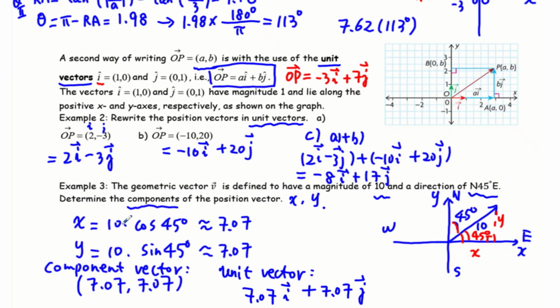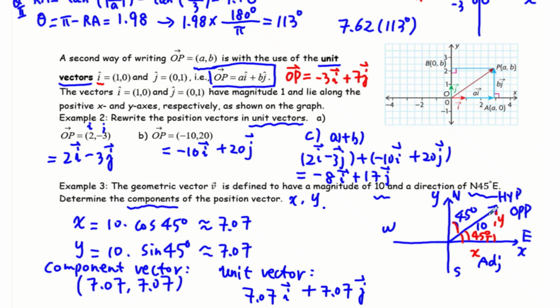So if you are confused about why the x component equals this, we could draw this one as a right angle triangle. Based on 45 degrees, this is opposite, this is adjacent, and 10 is the hypotenuse.